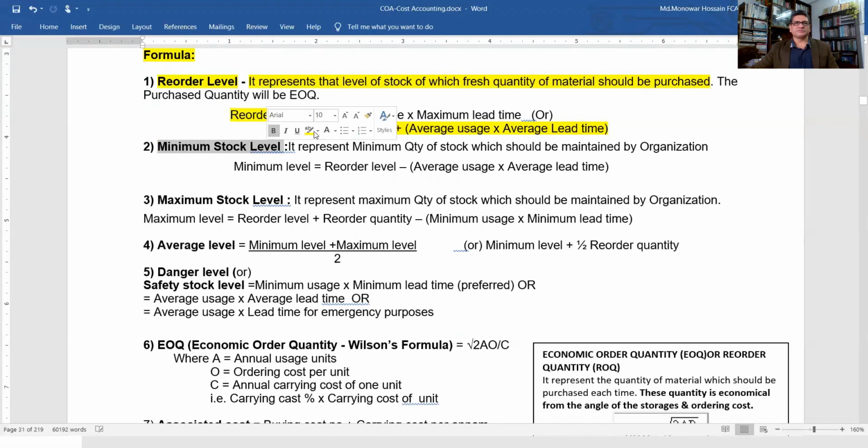Minimum stock level represents the minimum quantity of stock which should be maintained by the organization. So minimum level equals reorder level minus average use multiplied by average lead time.